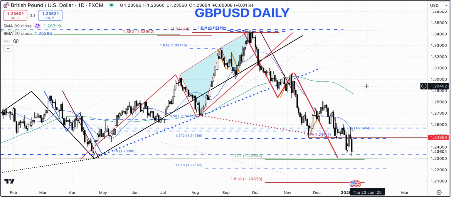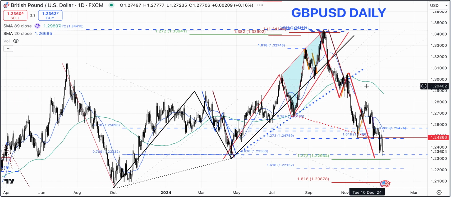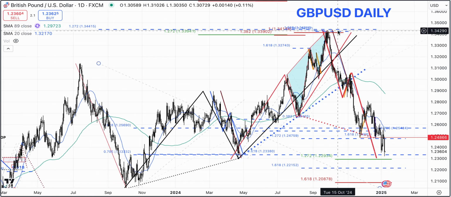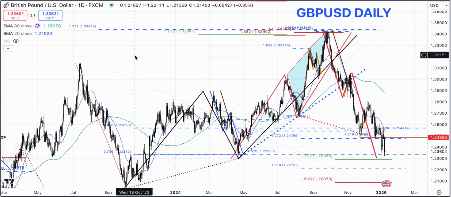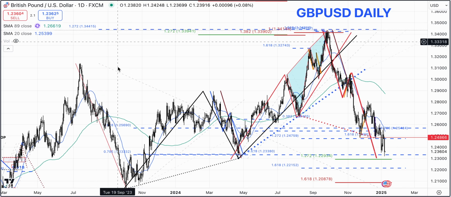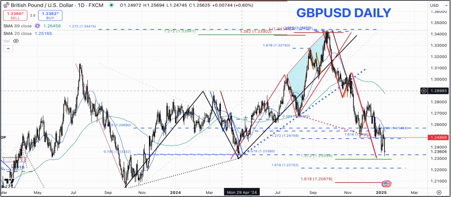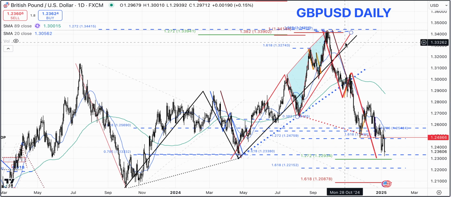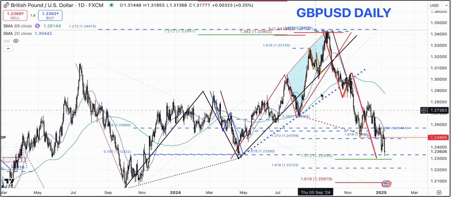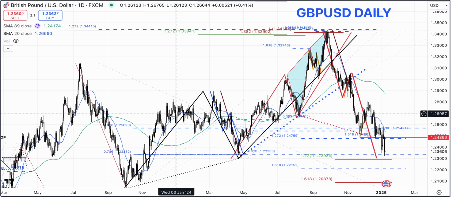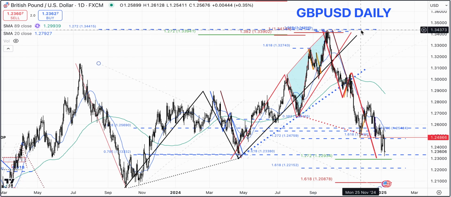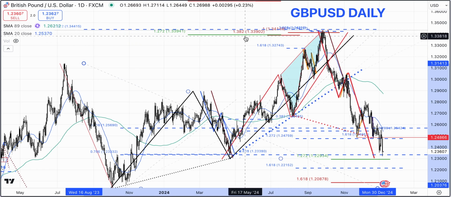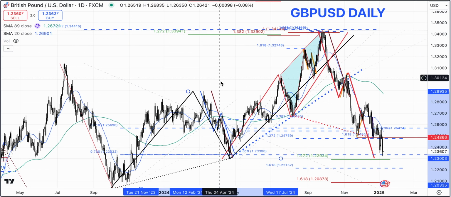This is the daily chart, and I just want to show you the topping pattern here, which happened around September of last year. We had several of the ratios coming together. So we had the 1.272 expansion of the entire range. We had several of these ABCDs being completed. This is the smaller one in red, which is 1 to 1 exact, and then the black one is 1.272, I believe, of the AB leg.